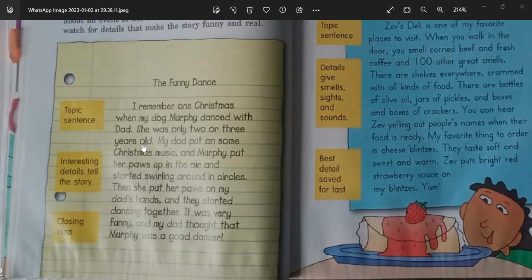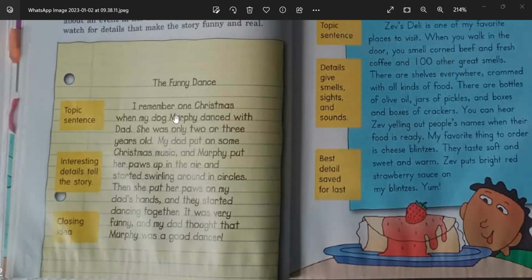Okay, hold on. What is the subject? What is the topic? Dari I remember sampai Dad, Miss. Iya, betul. Paragraf ini ngomongin apa? Topic sentence itu ngomongin tentang apa? What is the focus?